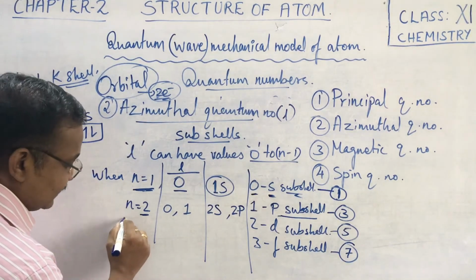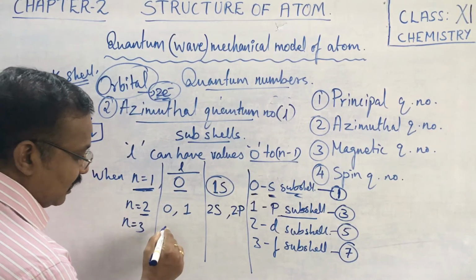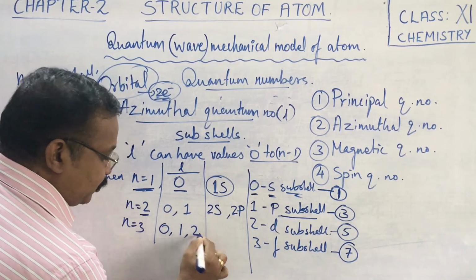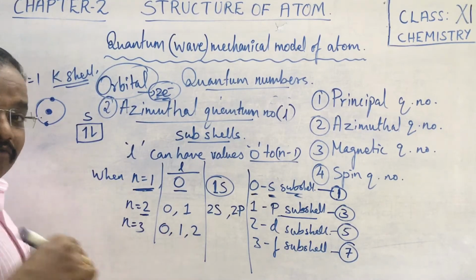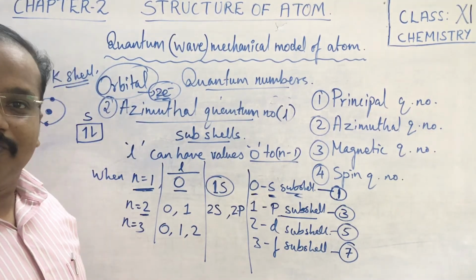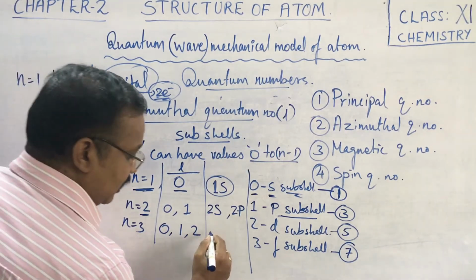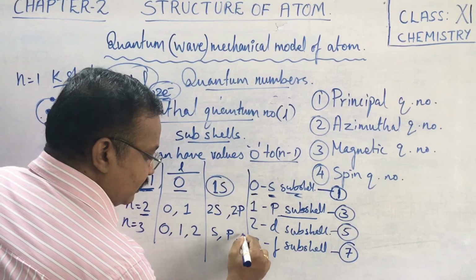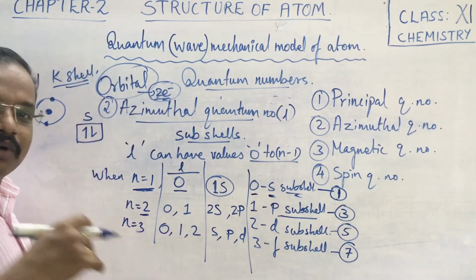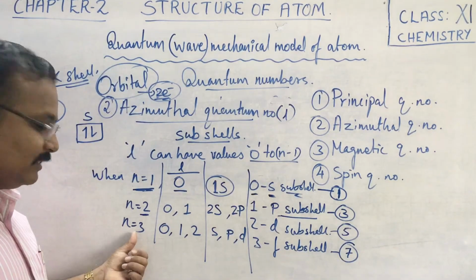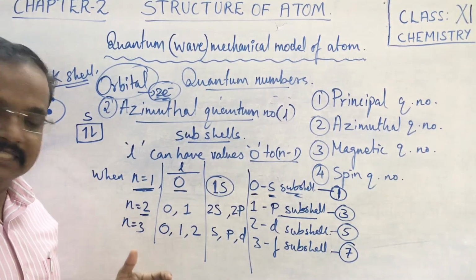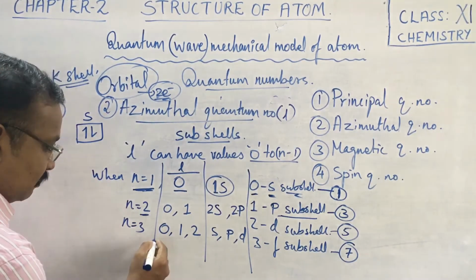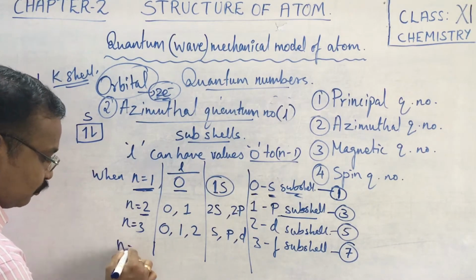Now when n is equal to 3, we can have values 0, 1 and 2. So 0 to n minus 1 values it can have. So it will have s, p, and d orbitals also can be found in the third energy level. Now we come to the next one, n is equal to 4.